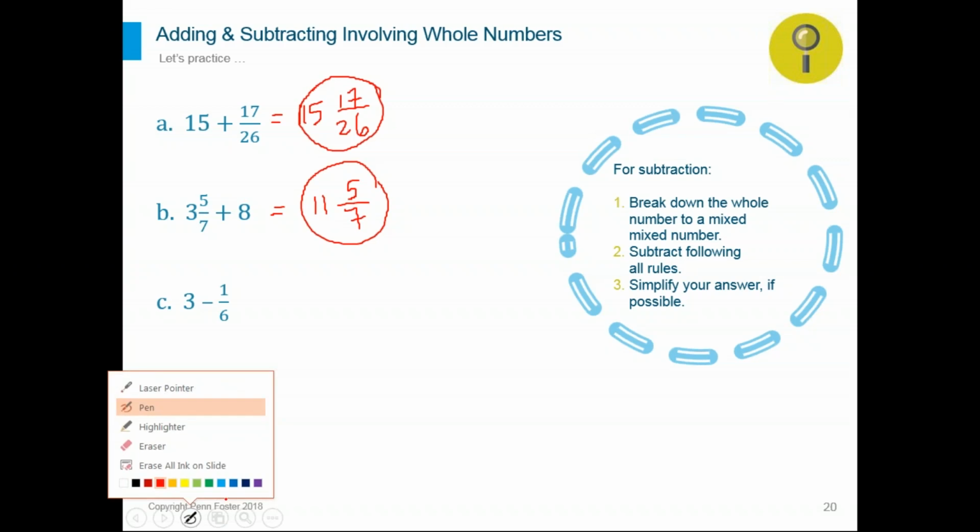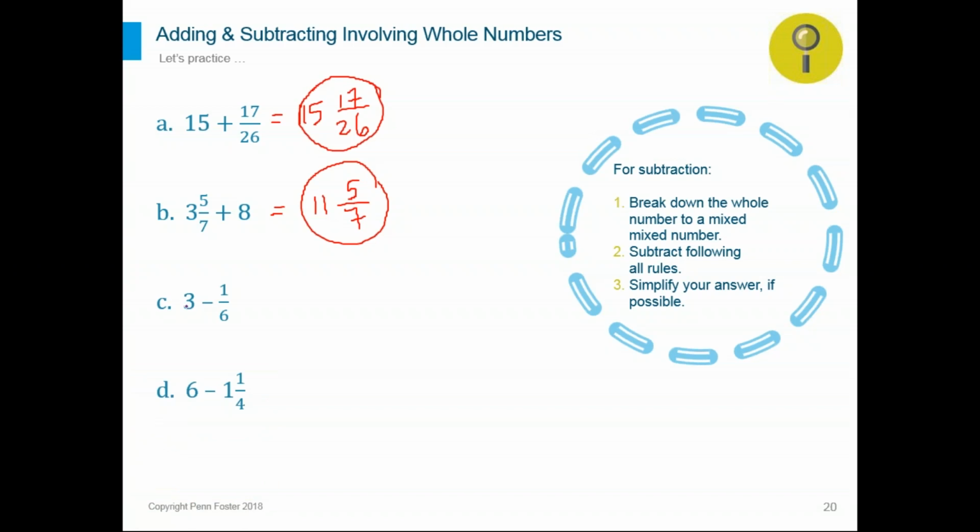To subtract a fraction or a mixed number from a whole number, you have to change the whole number to a mixed number. And we know by now how to do that. So 3 is 2 and 6 over 6. Think about it. 2 plus 1, 6 over 6 is a 1, plus 2 will give you back the 3.